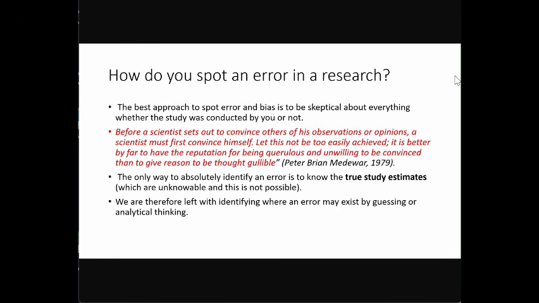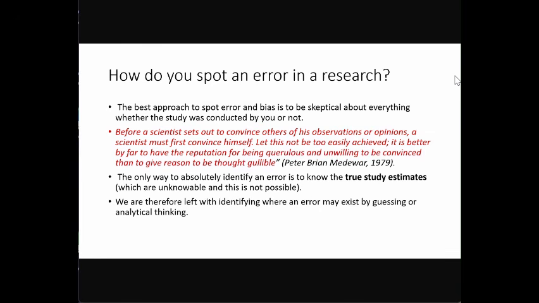So before this quote: before a scientist sets out to convince others of his observations or opinions, a scientist must first convince himself. Let this not be too easily achieved. That is why you must be skeptical.